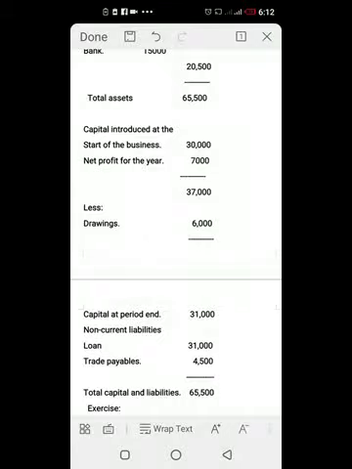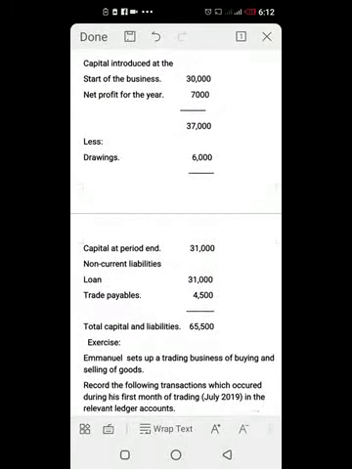Remember, our net profit is a liability because the company is now owing that. Then less drawings, Adeyemi made drawings. He withdrew from the capital and net profit, which is 6,000 naira. So capital at period end is 31,000 naira.